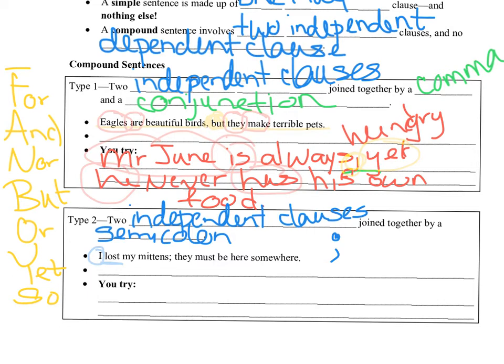This would have been fine as a sentence by itself. However, it's related to the second part of this sentence, what comes after the semicolon. They must be here somewhere. Well, since they is talking about mittens, I can join these two related independent clauses together with a semicolon.